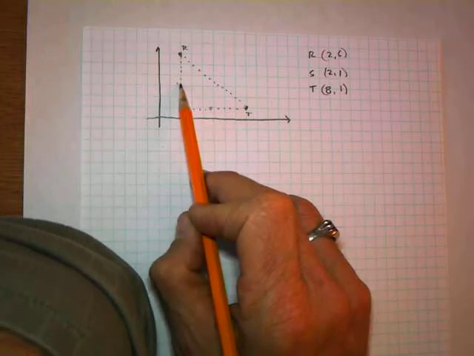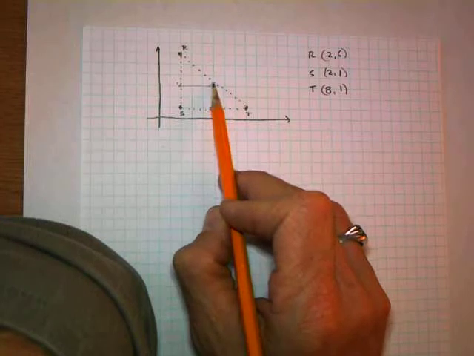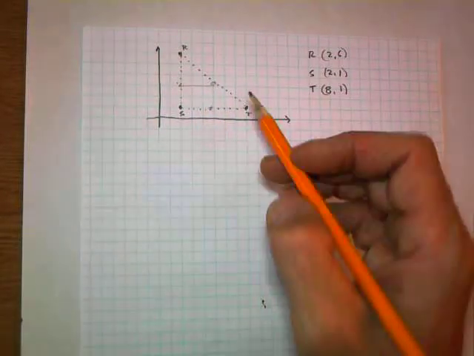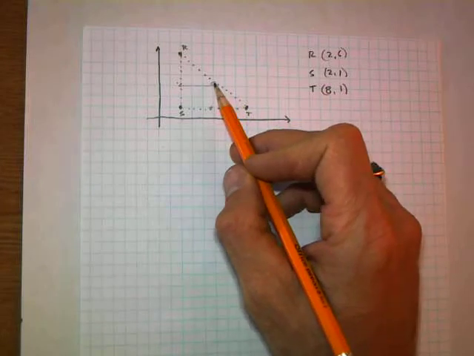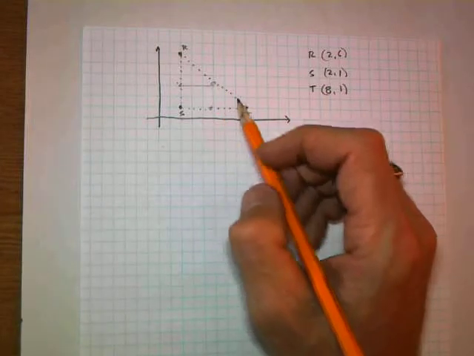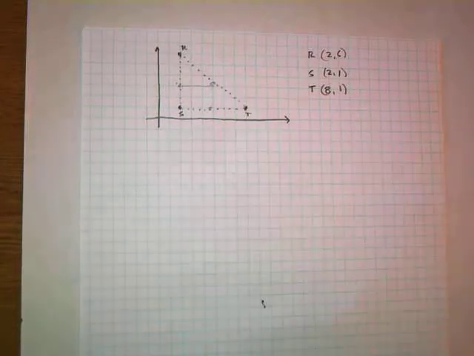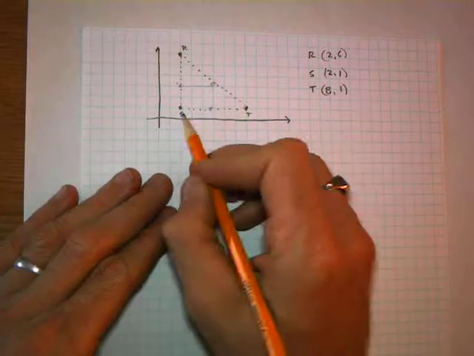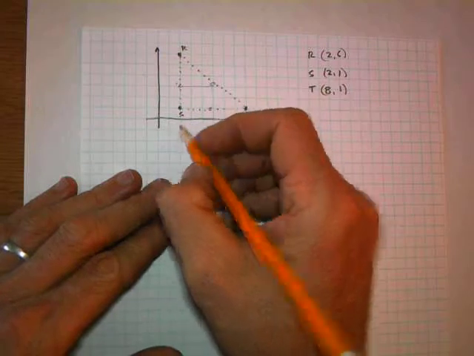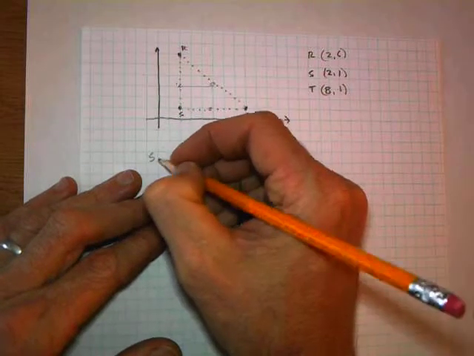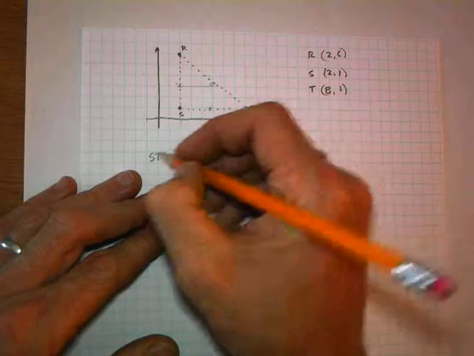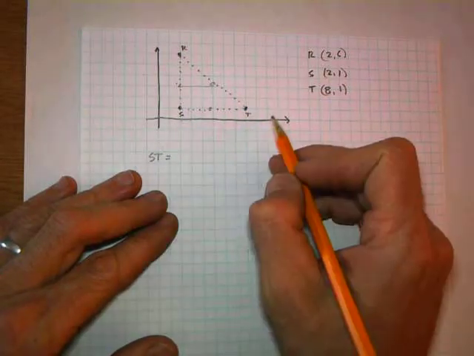Roughly, it's going to be there. So how do you find the midpoint of that? It's going to be the average of this distance, so ST. What is the distance of X, S, T?